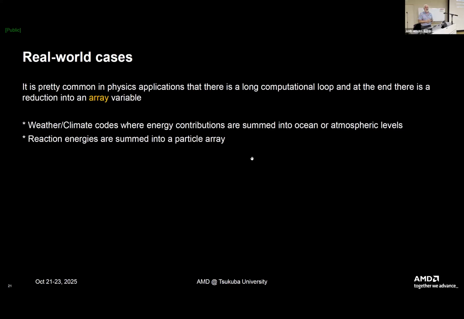Or you're summing up reaction energies into a particle array. So reducing into an array variable from a 3 or 4D array into a one-dimensional array is very, very common, and most of the compilers did not support that. It was a bear programming around that.